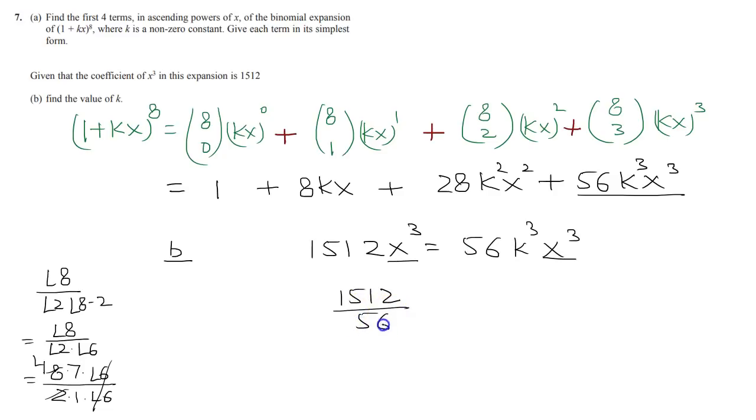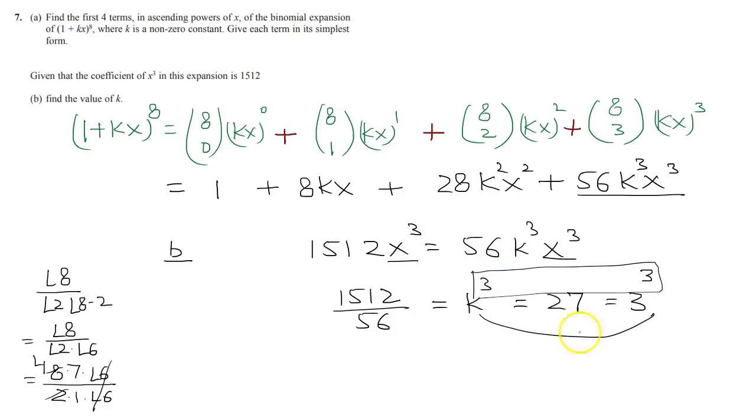Divide by 56, we get k cubed. If we divide 1512 by 56, we are getting 27, and 27 can be written as 3 cubed. So the powers are equal, so k is equal to 3. Find the value of k.